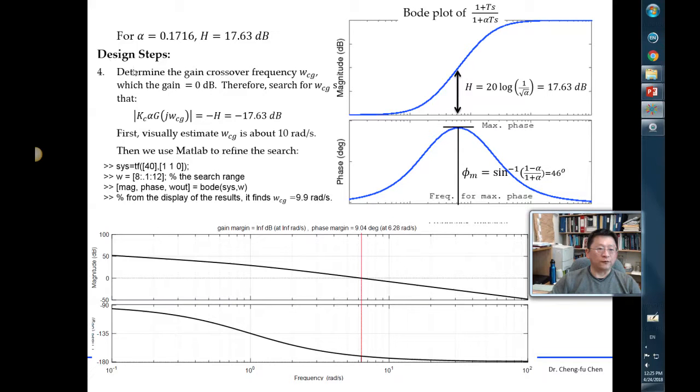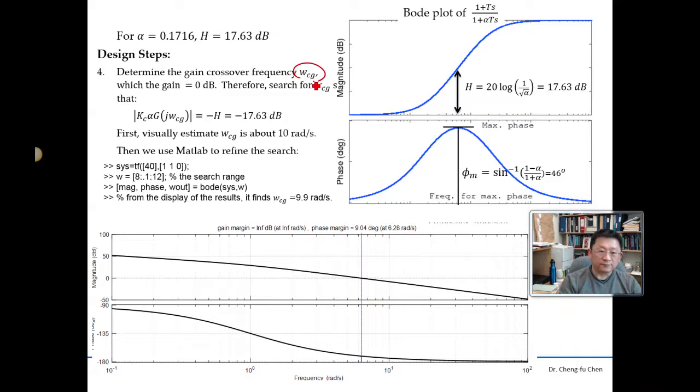Now for step 4, we would like to determine this one, called the gain crossover frequency. How do we determine this? From the Bode plot of the gain adjusted G(s), which is the open system, you simply look for a particular frequency at which the magnitude equals negative some number.